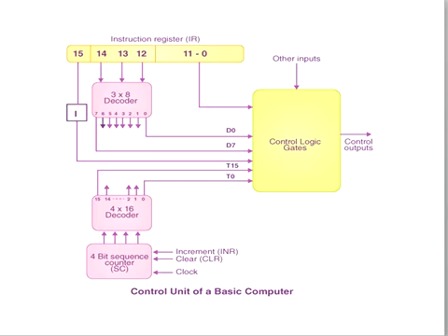And the next one is the address. The size is 12 bits. These 12 bits specify the address of the operand, where the operand is present in the memory.